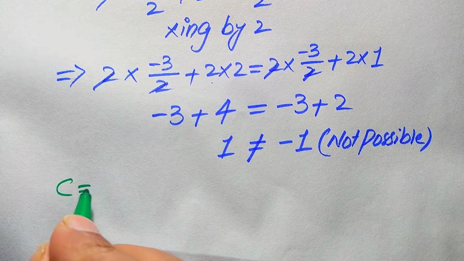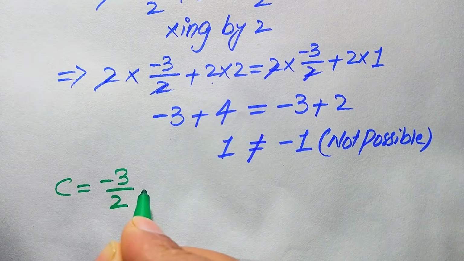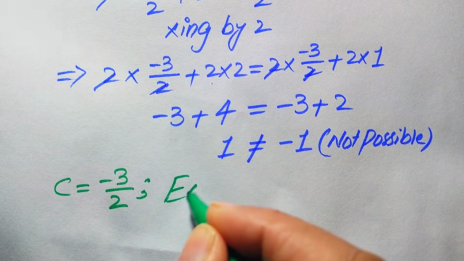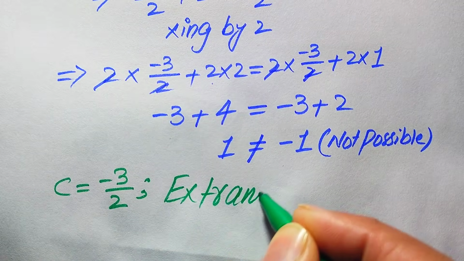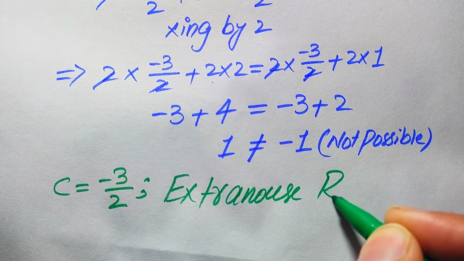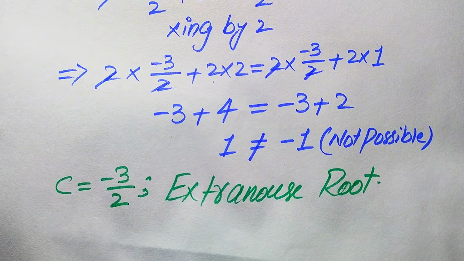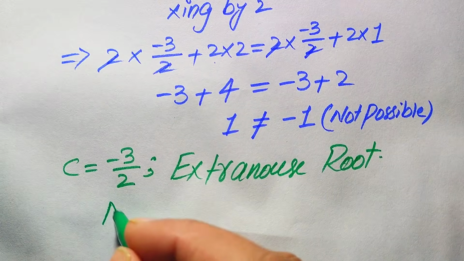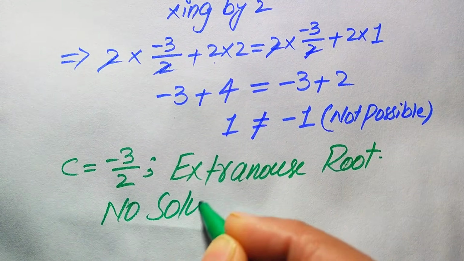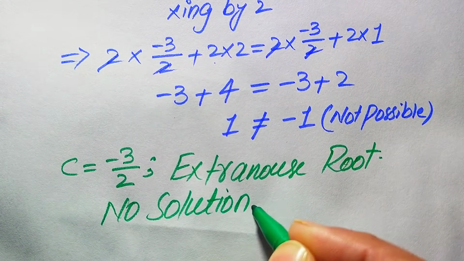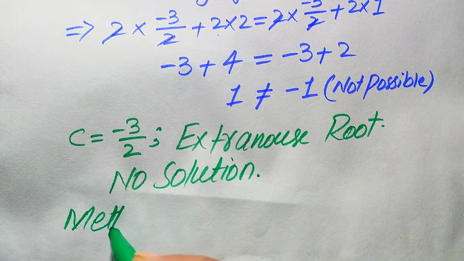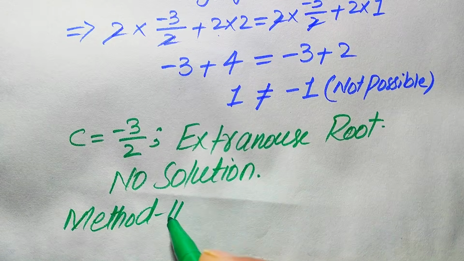We call this value an extraneous root of the given equation. Here we cannot get any other value of c which satisfies our given question statement, so we conclude that this question has no solution in general. This is the final conclusion from the first method, and now we solve this problem again by the second method.